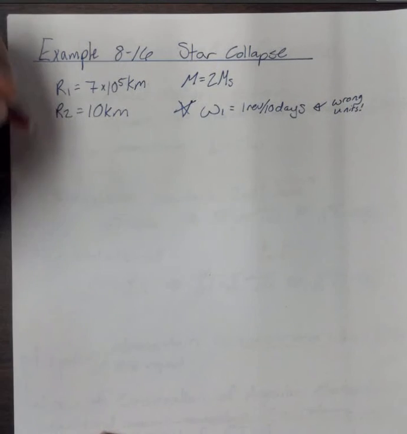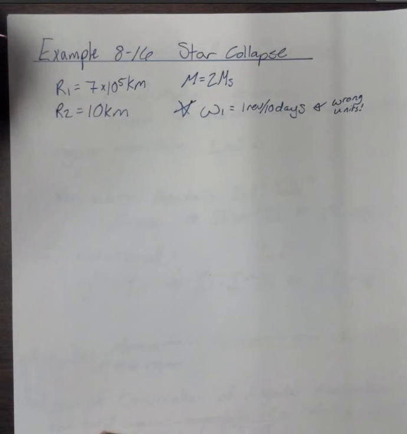But we know that this is going to be a conservation of angular momentum problem because there's no net torque. There's no force getting applied to the star that causes it to collapse. There's a gravity that causes it to collapse, but gravity acts at the center of mass, so there's no net torque.